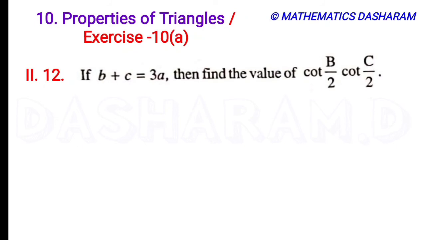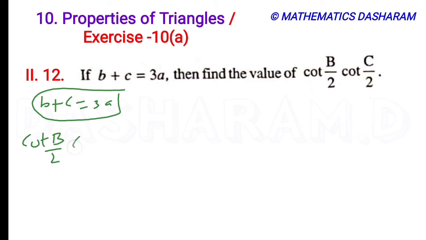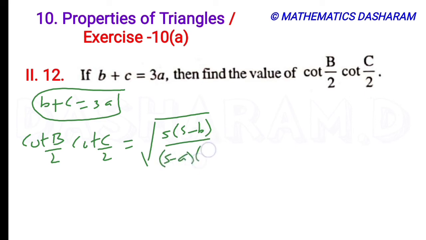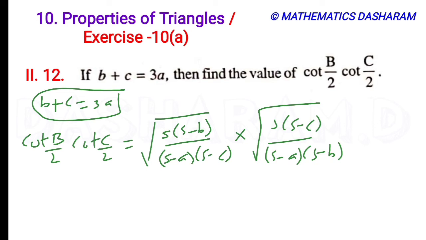12th problem: if b plus c equals 3a, then find the value of cot(B/2) into cot(C/2). So the given value is b plus c equals 3a, and cot(B/2) into cot(C/2) equals, cot(B/2) formula is under root of s(s minus b) divided by (s minus a)(s minus c), into cot(C/2), whose formula is s(s minus c) divided by (s minus a)(s minus b).